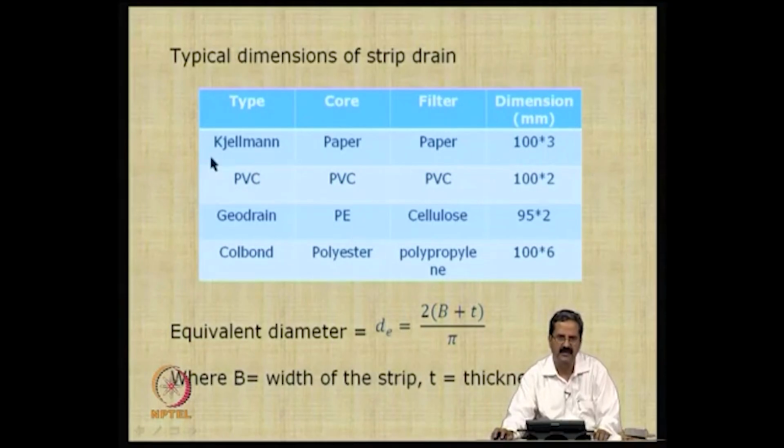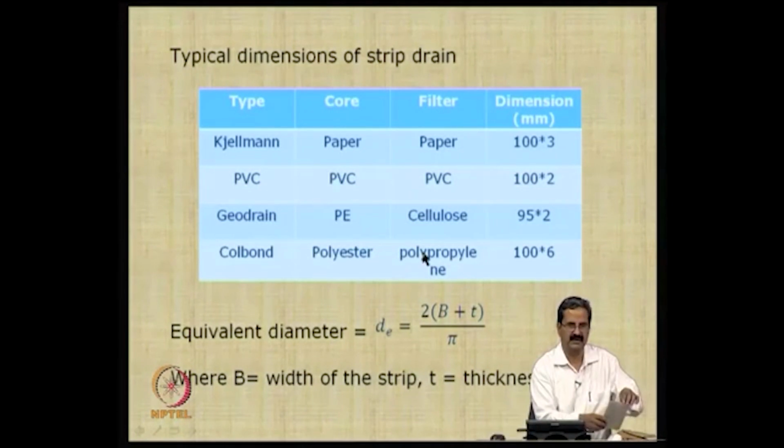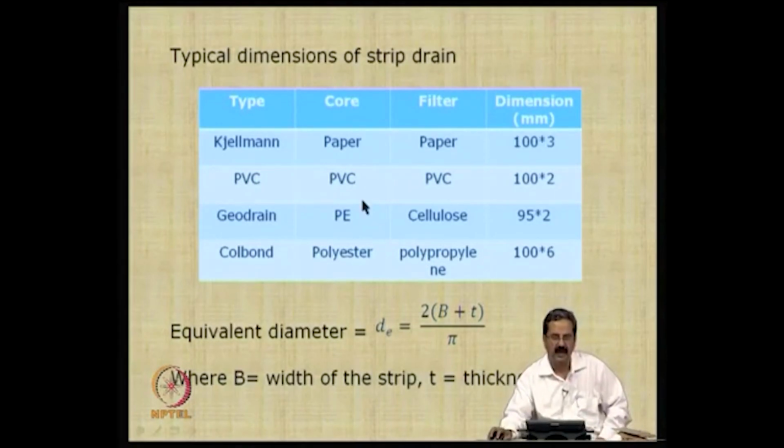Then there is PVC, geodrains as another example, PE is polyethylene, cellulose, and Colbond is another from a company which has a polyester core inside and polypropylene outside, like that. So essentially the size is something very important, this is very crucial.